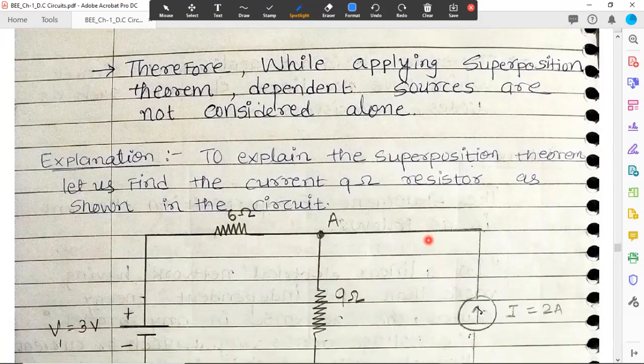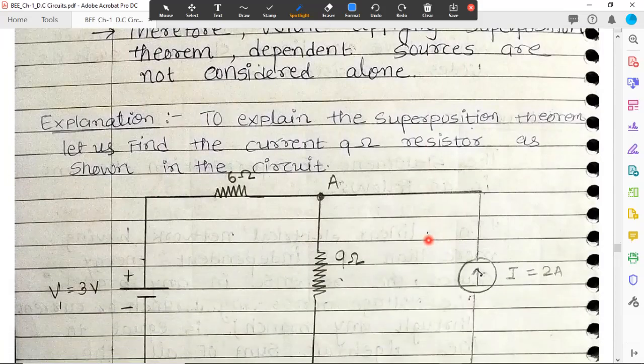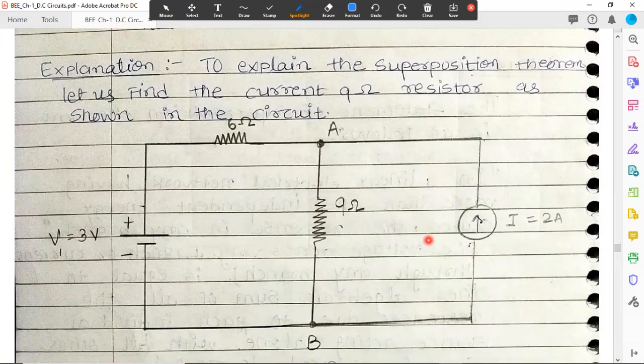Now we will see the explanation of superposition theorem by taking one example, one network. To explain superposition theorem, let us find the current through the 9 ohm resistance in this circuit. So we have to find the current through that 9 ohm resistance using superposition theorem.